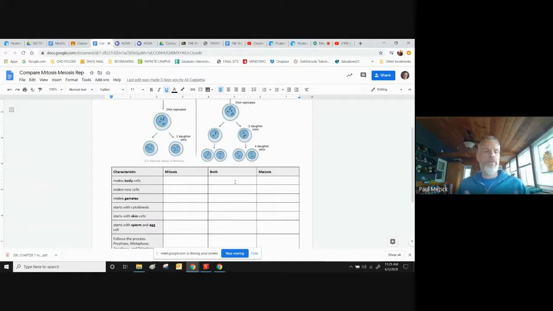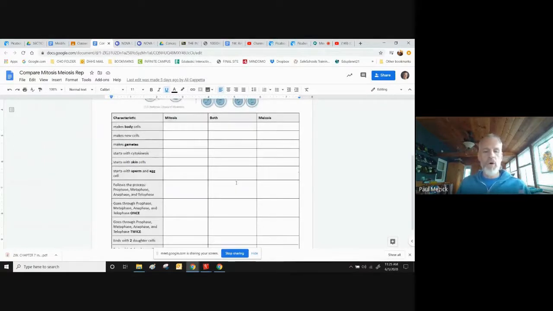You have one side mitosis and one side meiosis, and then you have the overlap. And so essentially, you are making a more sophisticated Venn diagram with a little bit more information than in today's assignment. Two circles, and they're overlapping. And the both is where they overlap.